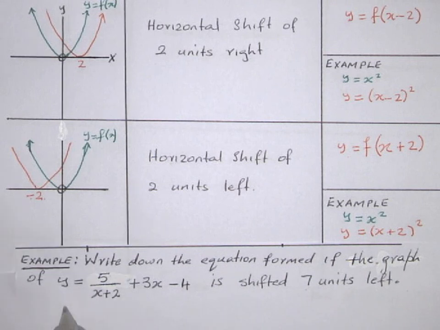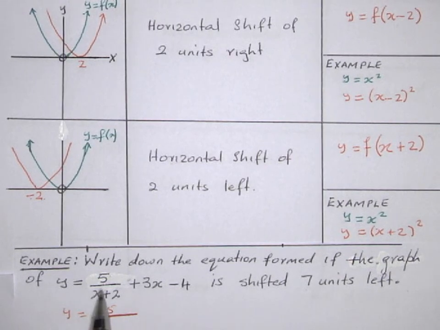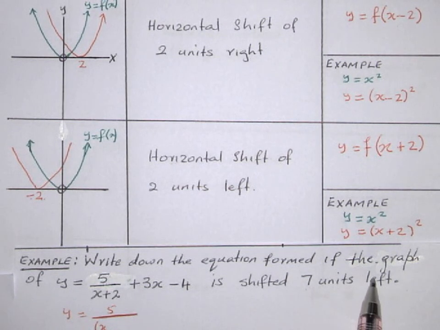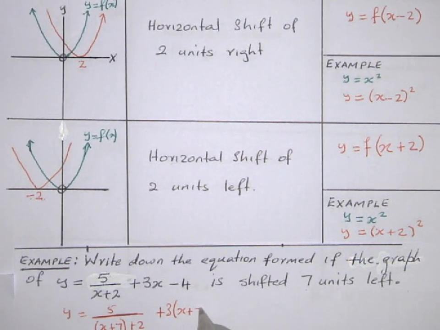So this will be y is equal to 5 over. Note that this is a bracket line or something. So there is an x. In the bracket, this must be in brackets, so it's an x, then 7 units to the left, so I say plus 7, then there is that plus 2 over there, and then plus 3, then there is an x, it is x plus 7, then minus 4.